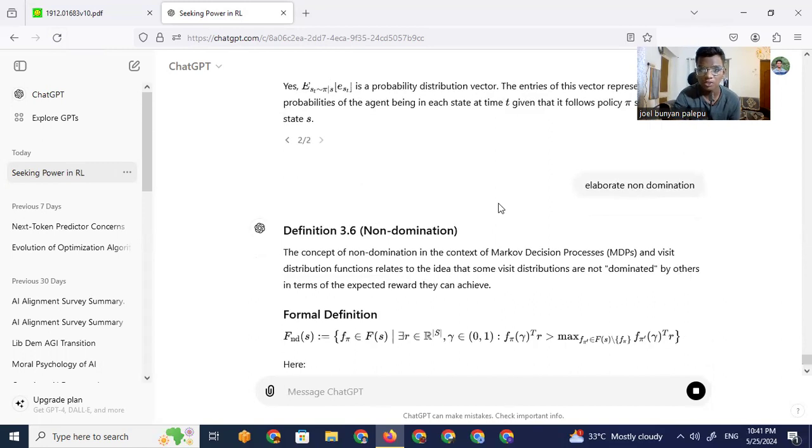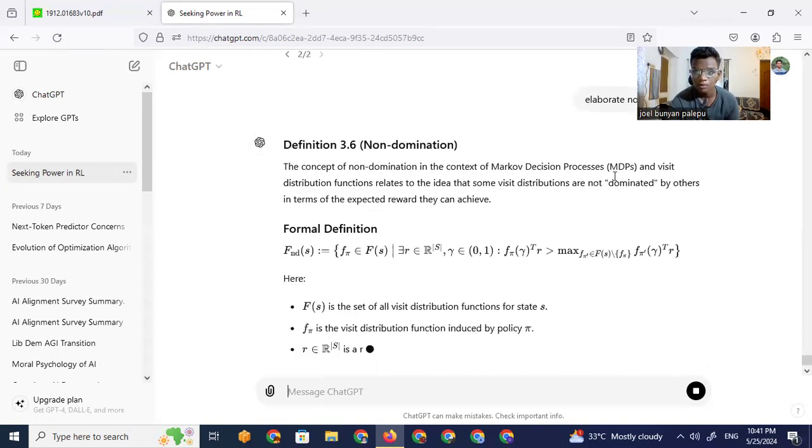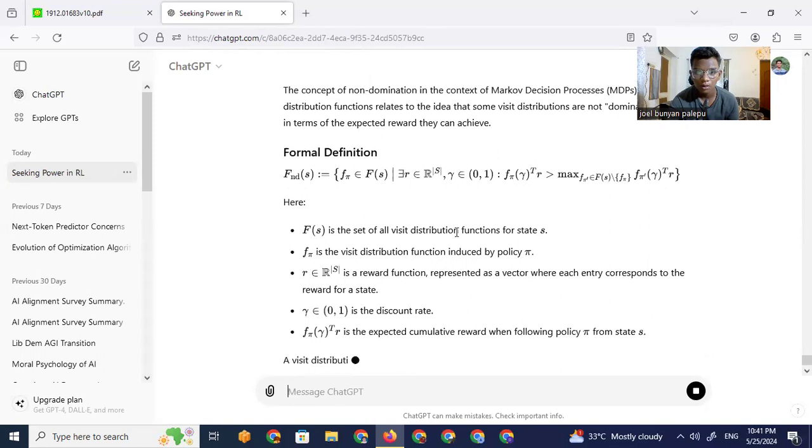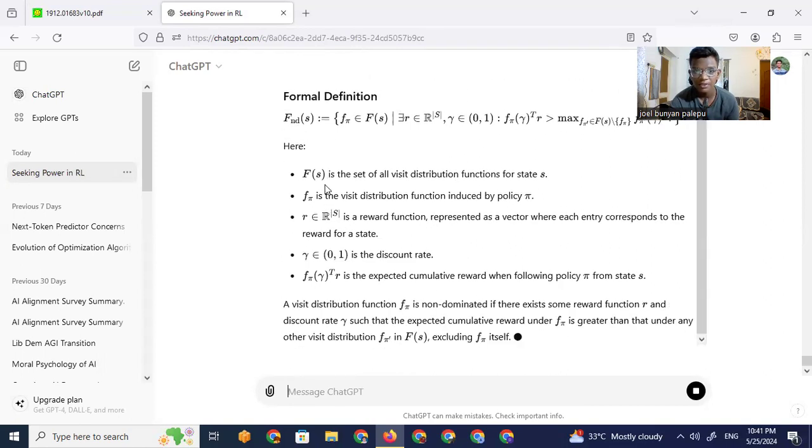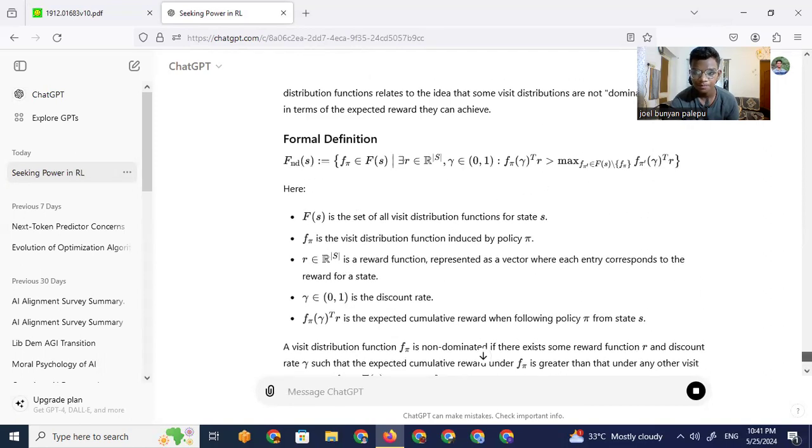The concept of non-domination in the context of, right, so we have SF, which is basically the visit distribution function for all the states, given across all the policies. F pi is the visit distribution function of pi.